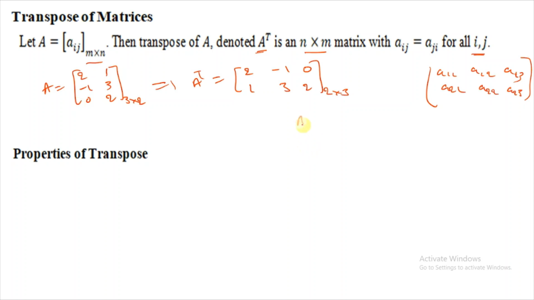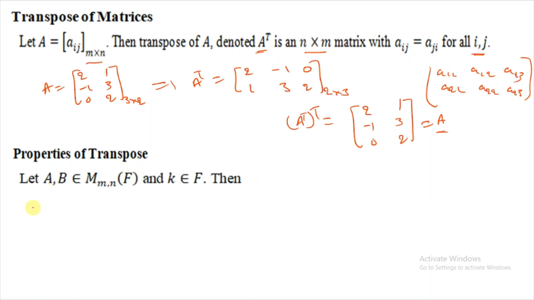Suppose we take the transpose of the transpose. If we transpose this again, we get 2, minus 1, 0; the first row transforms to the column 1, 3, 2. Same as A. That means the transpose of the transpose matrix is itself.